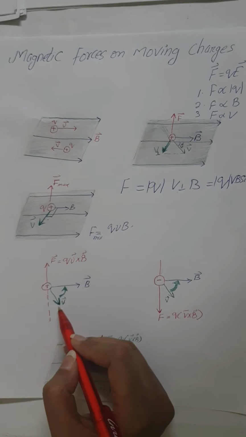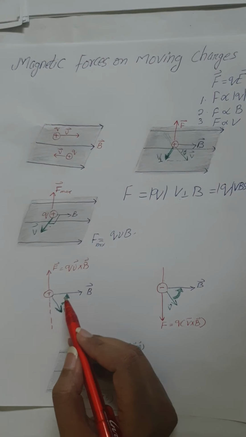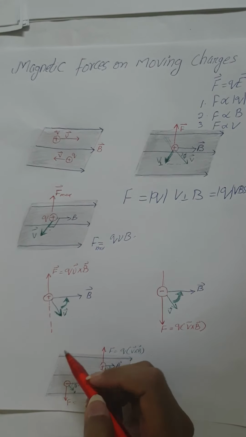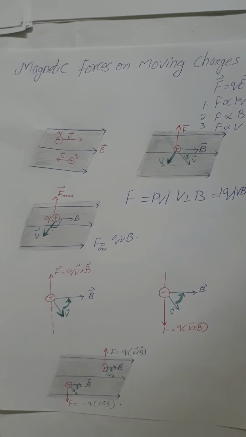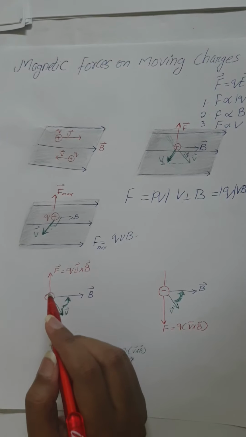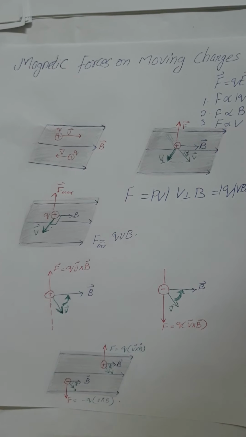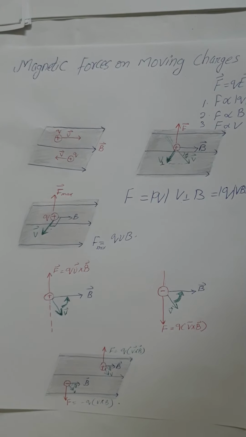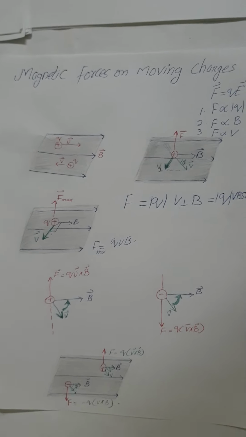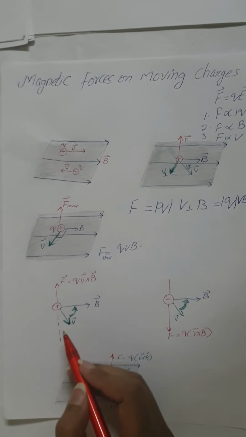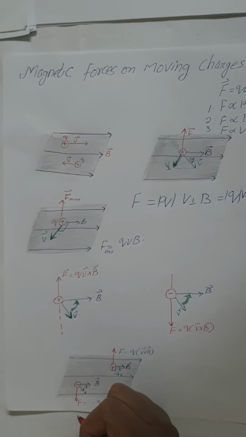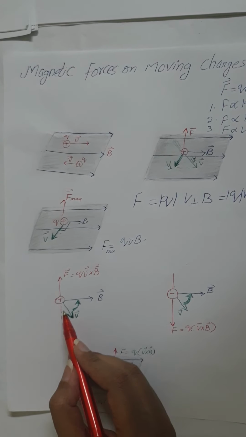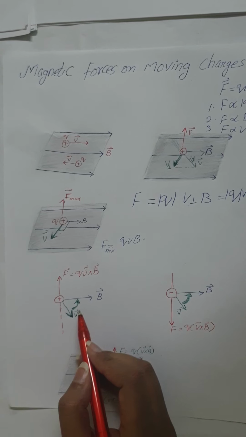Imagine turning v until it points in the direction of b, and wrap the fingers of your right hand around the line perpendicular to the plane of v and b, so that they curl around with the sense of rotation from v to b, and the thumb points in the direction of the force on a positive charge.